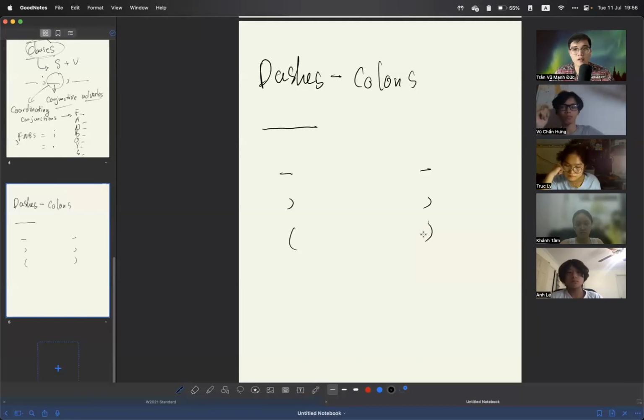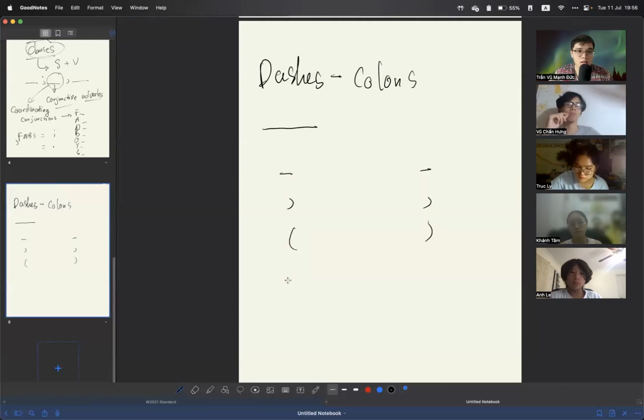And also they can explain a thought, but only if it is in the last part of a sentence, after.